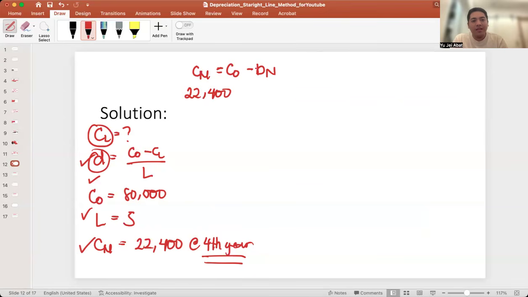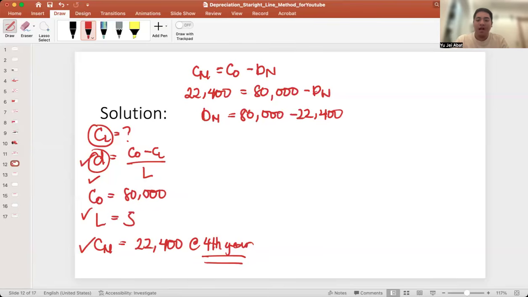So we can find the D by first getting the D sub N. So you have C sub O is 80,000 minus D sub N. Okay? So manipulating the equation, I can transpose D sub N here, and you have 80,000 minus 22,400.